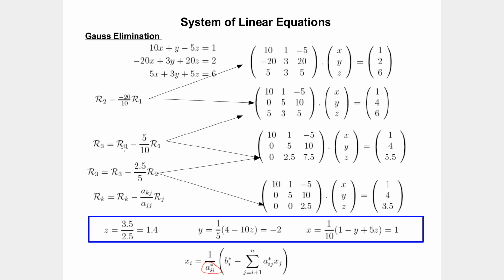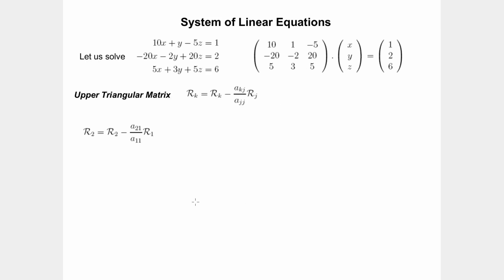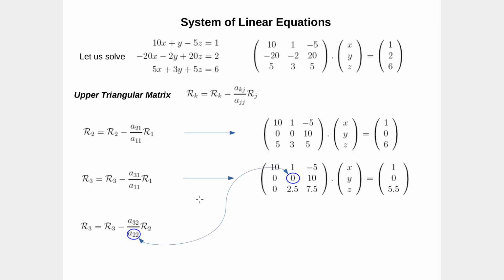So the diagonal element is something very serious. We should make sure the diagonal element never becomes 0, and this process is called pivoting. So how are we going to implement pivoting in our code for solving these linear equations?